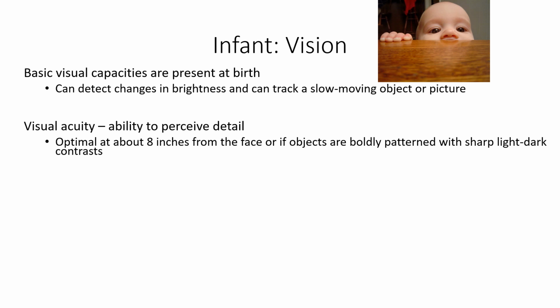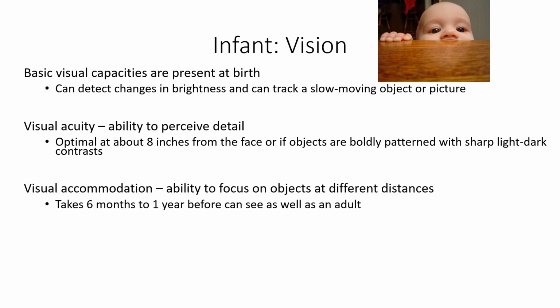In actuality, the ideal mobile is something that's black and white, with sharp contrast between the black and the white, with bold patterns. So sharp, light, dark contrast. So just be aware that black and white mobiles are best because they've got the best light contrast.